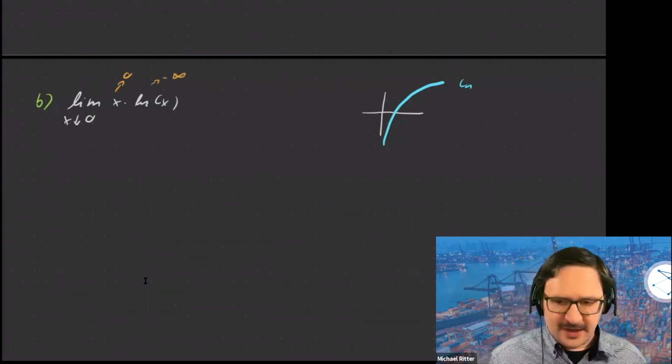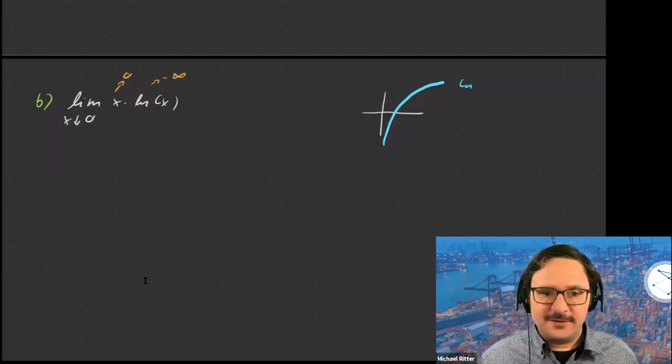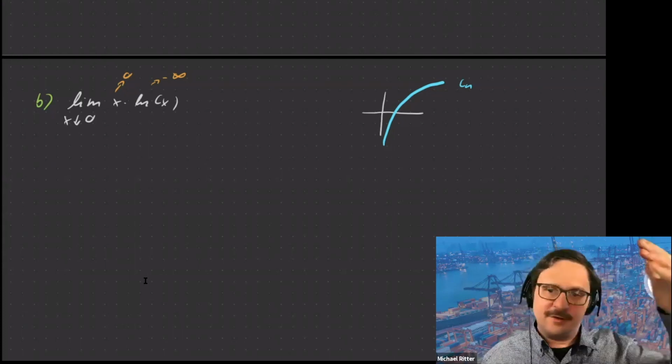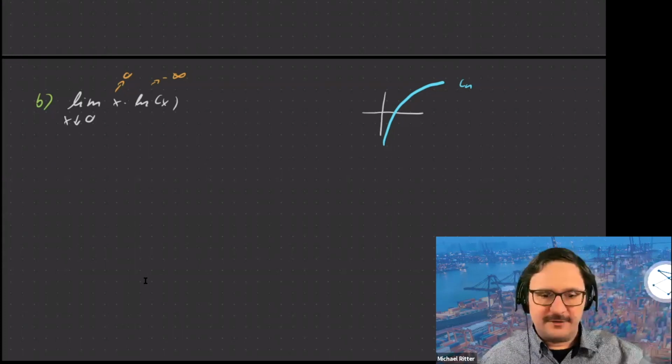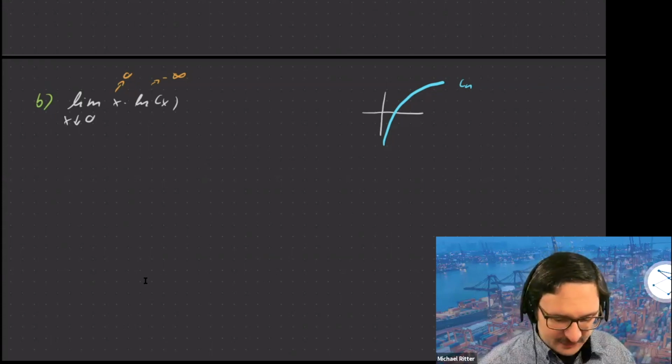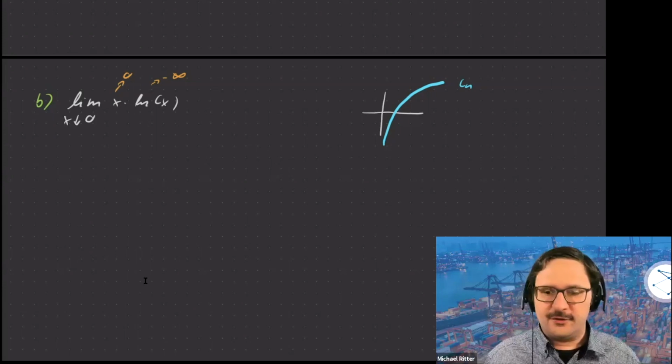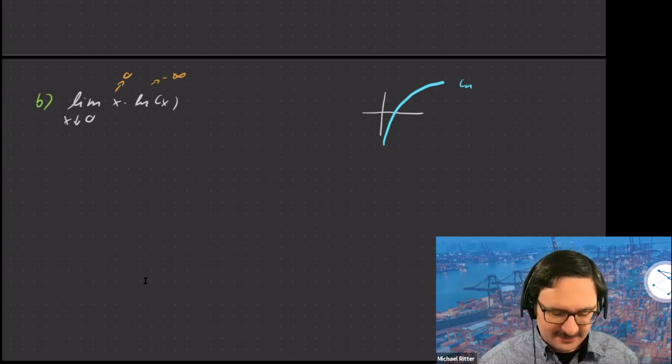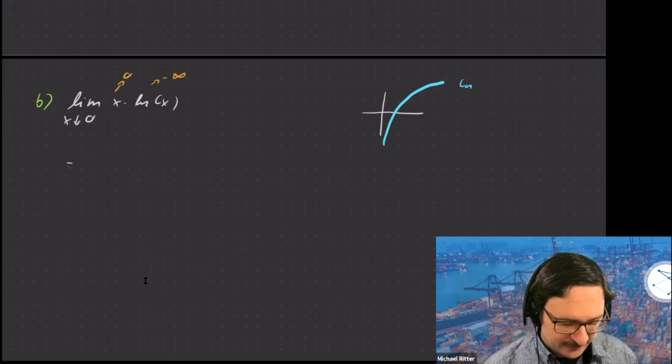And that means we have something of the type 0 times minus infinity, which is not one of the types that we can use for L'Hopital's rule. We either have to have 0 divided by 0 or infinity divided by infinity. However, there's a number of standard tricks that you can apply to try and reformulate these limits into an appropriate form.